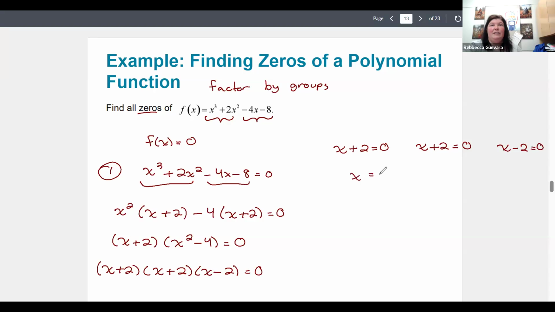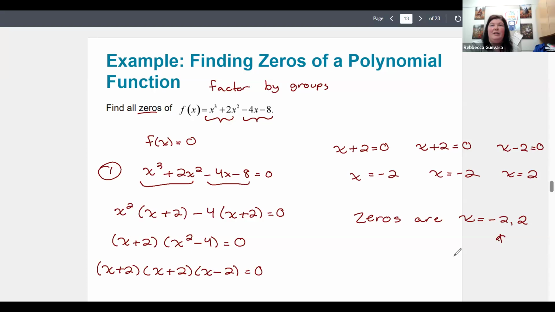So we solve these: either x is equal to negative 2 or x is equal to 2. We don't write solutions that double. Our solutions, our zeros, are x equals negative 2 and x equals 2.